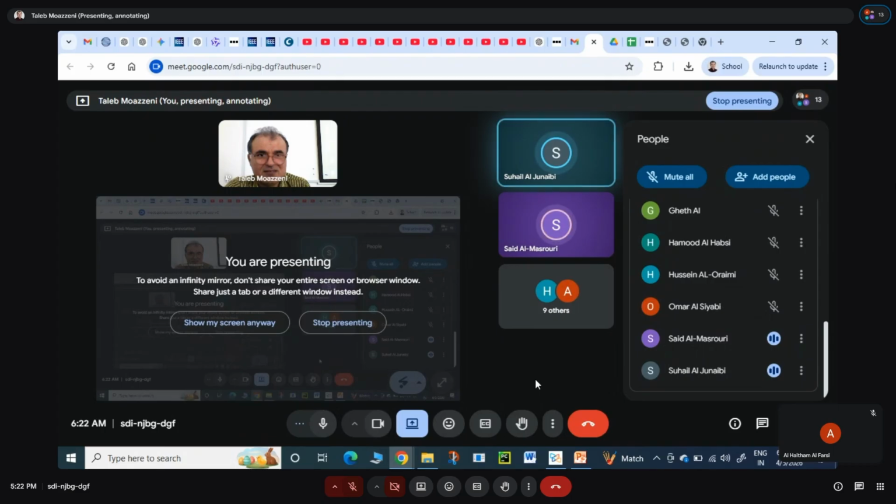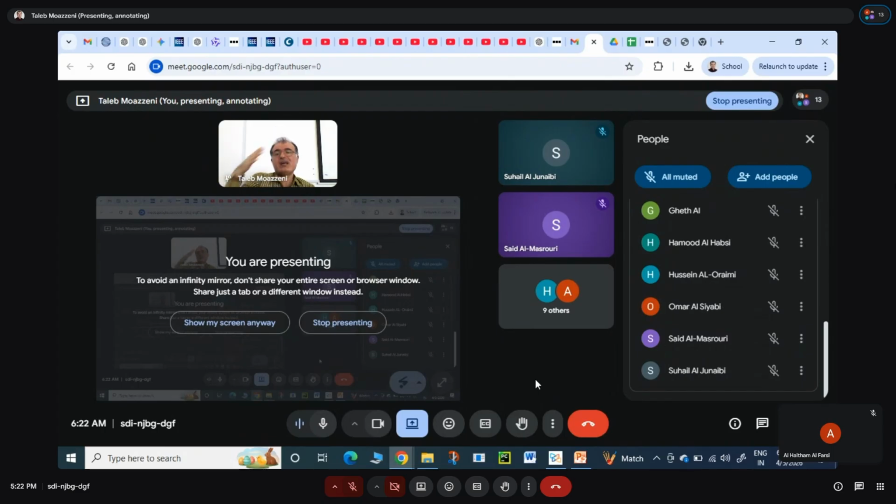Yes, we can see. You can disconnect and connect again, or you can open that from Moodle. In Moodle, there is that file also. If you go to Moodle, you can download that draft and open that.